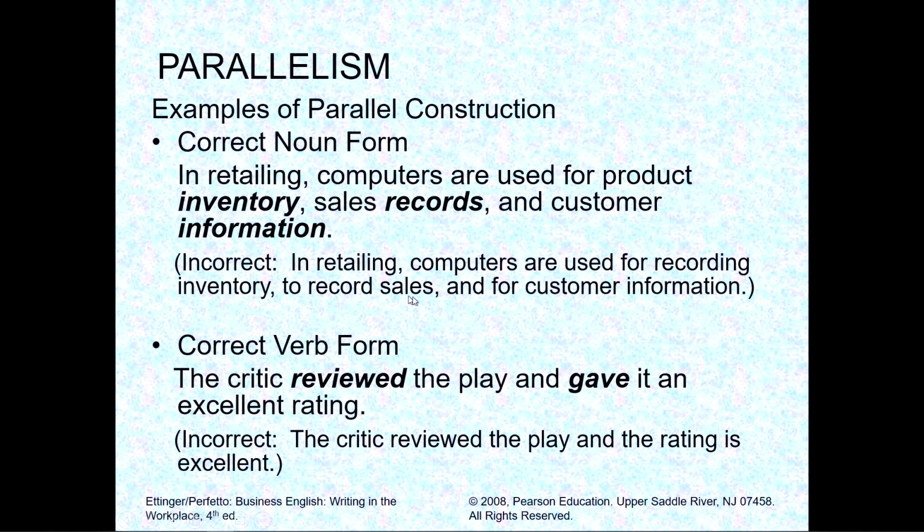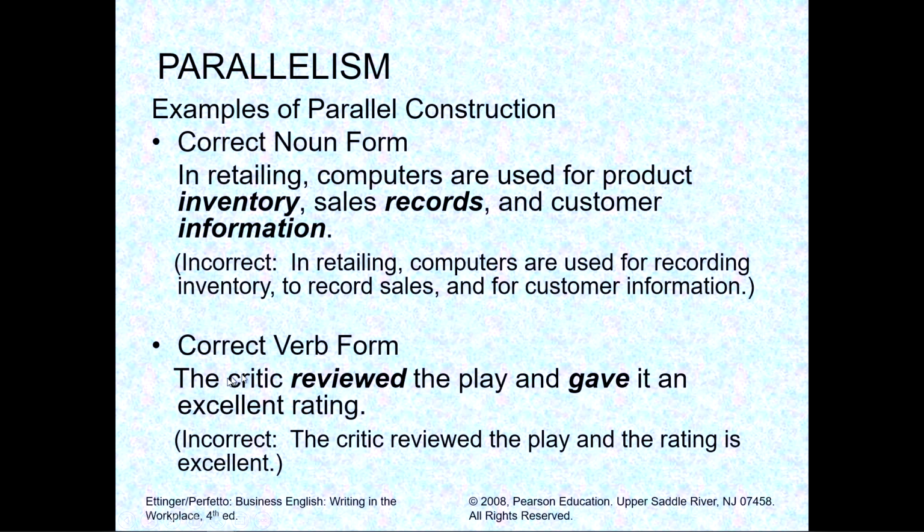To record sales, and for customer information, these are not parallel, right? They all have to be the same, and they also have to have a gerund. For recording, for recording sales, and for customer information, or for informing customers, would make it correct. So this is wrong. It does not parallel.